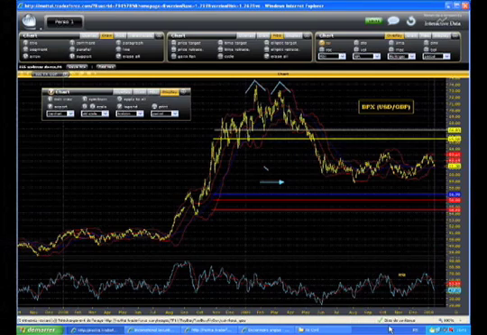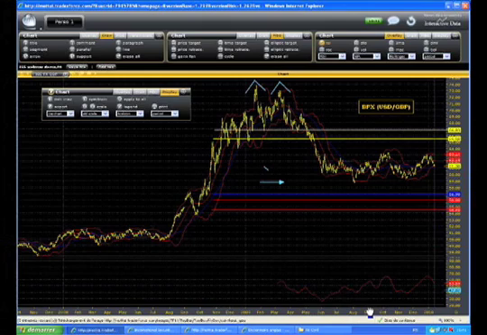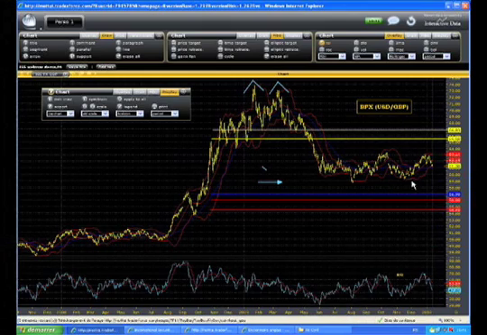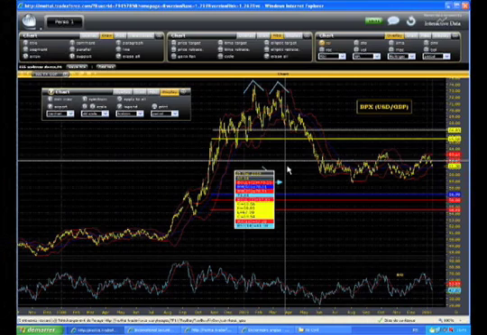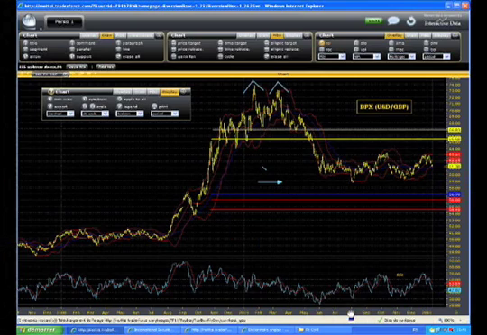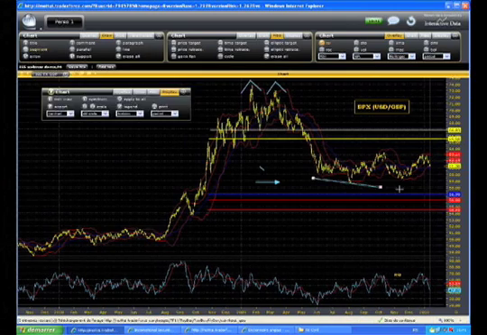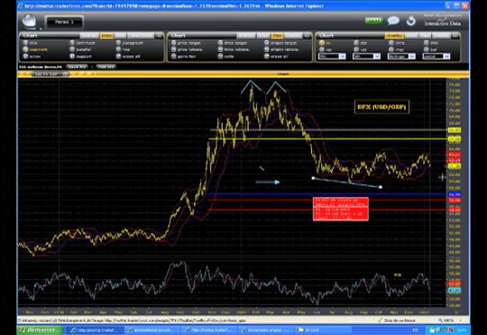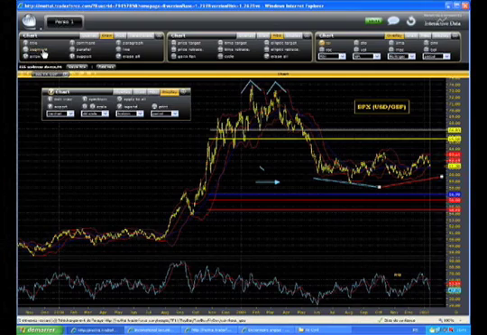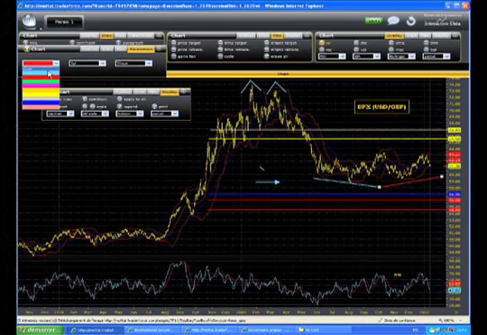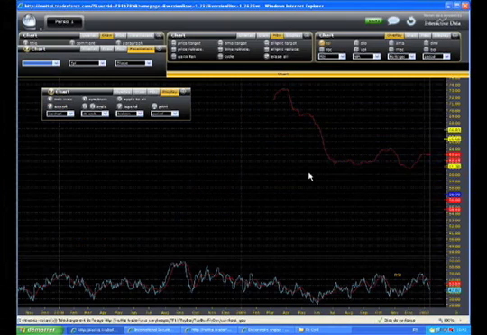But for now, we can say that the pair is shaping a rounding bottom. Takes time, but at this stage, it looks like a rounding bottom. Okay. So it's bullish.